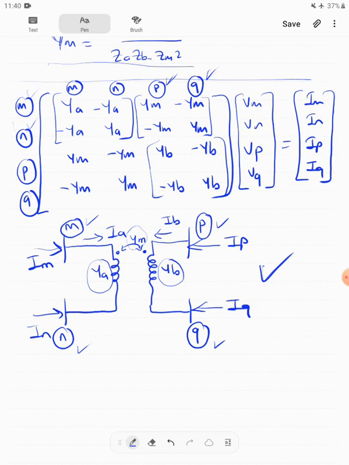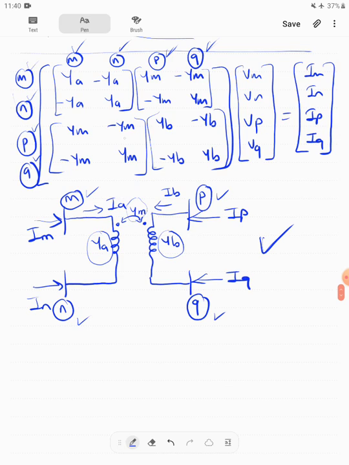What about this 2 by 2 square matrix? Again, it consists only of YM and minus YM, and if we check the related row and column names, we see that M and N are the row names, while P and Q are the related column names.